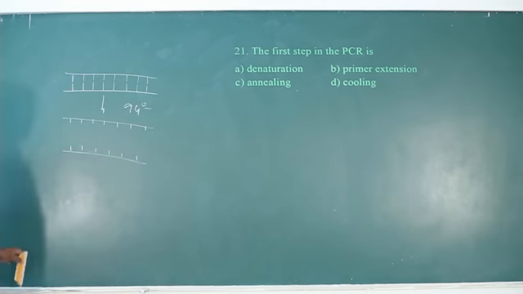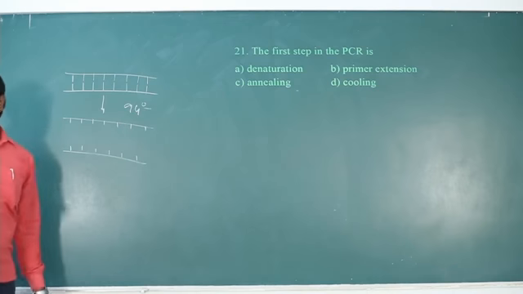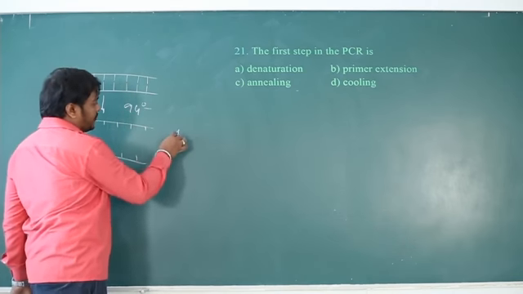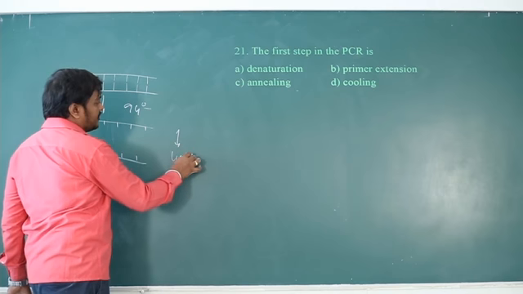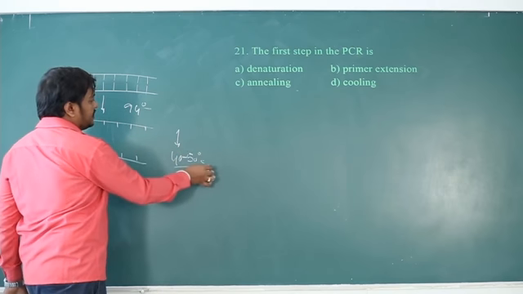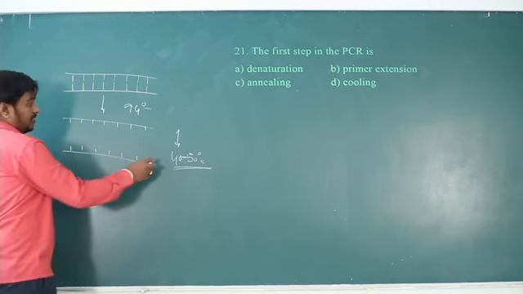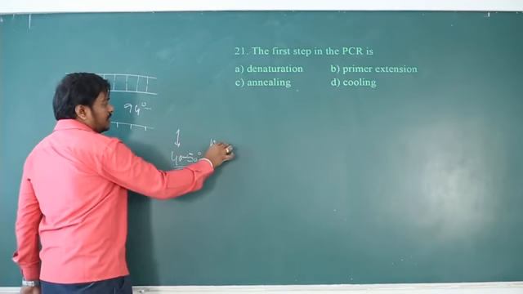These separated strands we multiply by using the enzyme, the Taq polymerase. After this separation, DNA replication should be initiated. So we lower the temperature to 40 to 50 degrees centigrade. When we do this, the process is called annealing.